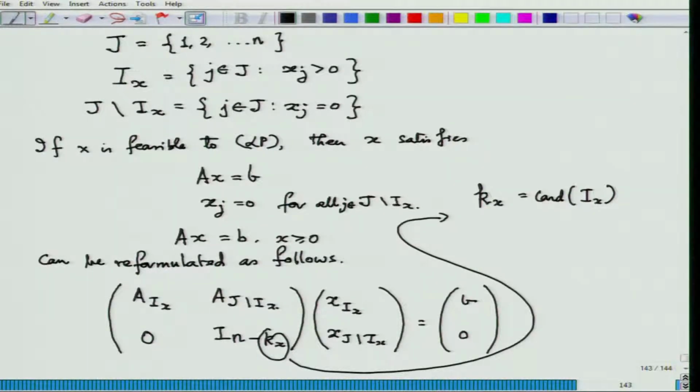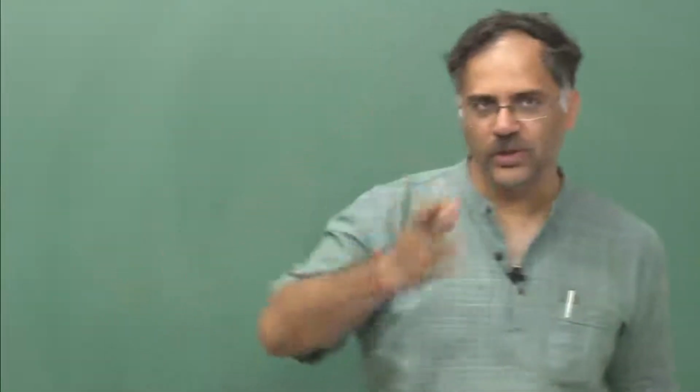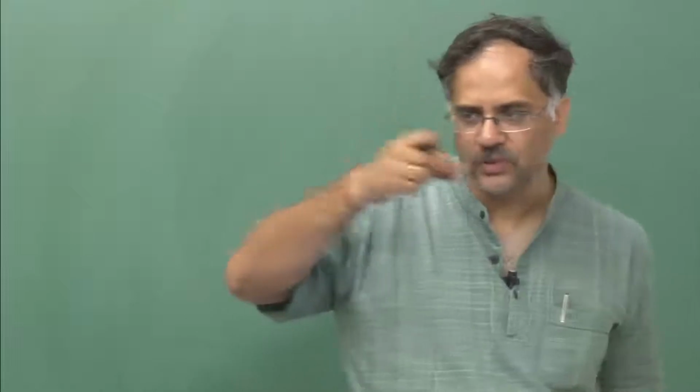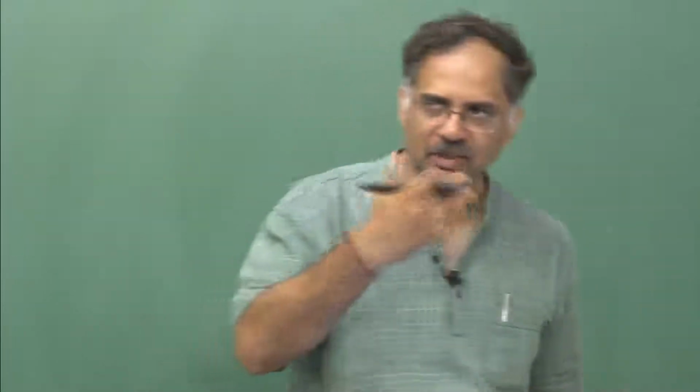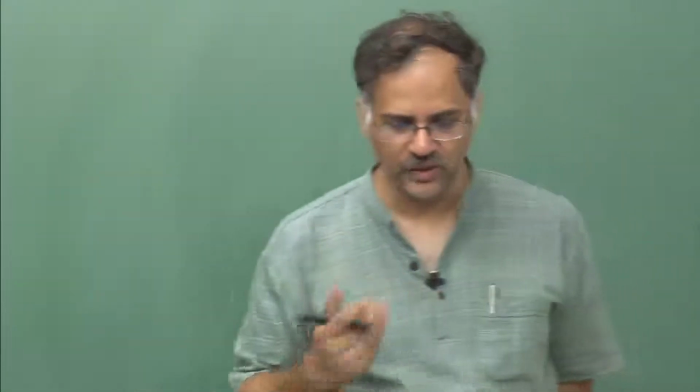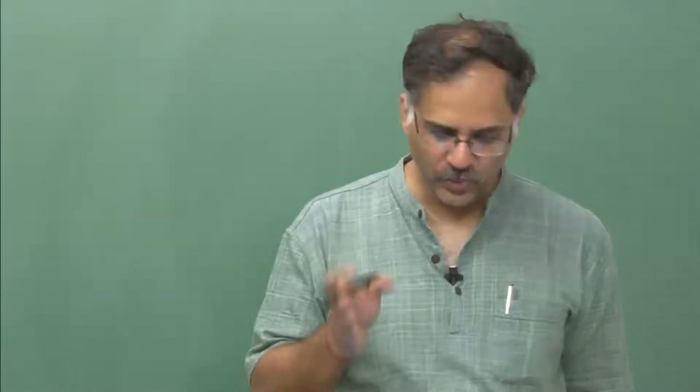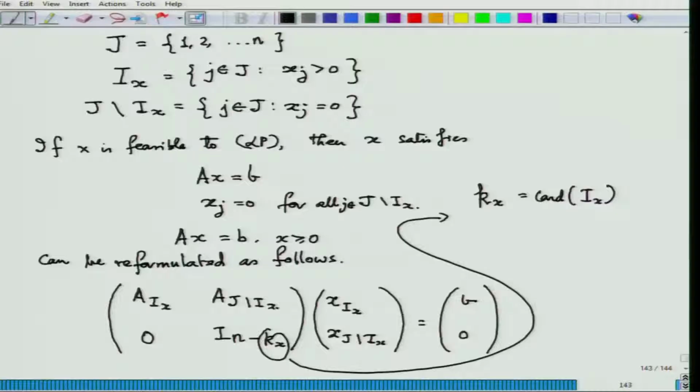So, you have this whole x vector x1, x2, dot dot dot, xn in Rn, and now you are splitting it up into two parts. First part is you are taking some indexes for which xj is strictly greater than 0; some index for which xj is equal to 0, because each of the xj's must be greater than or equal to 0. So, we take those columns for which xj is strictly greater than 0, and we assume that they are in the first part.